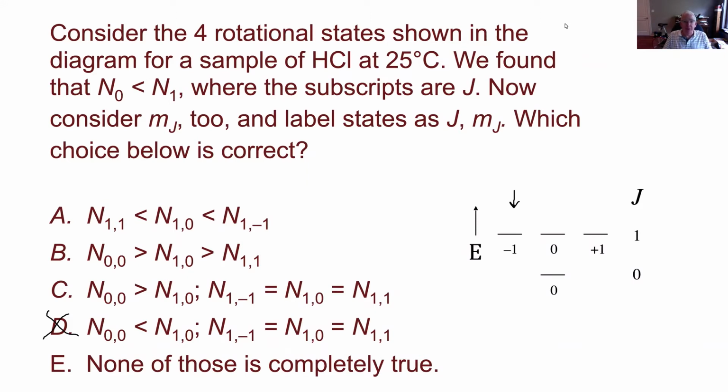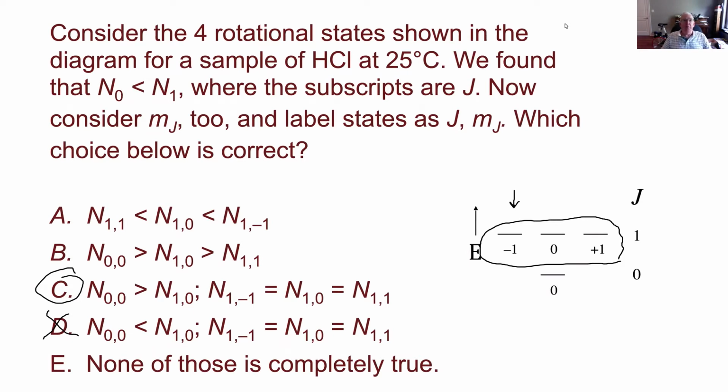The next thing we can say for sure is that the populations of these 3 here should all be equal because they all have exactly the same energy, and the population only depends on the energy. That says the states in the J equals 1 level all have to have equal populations, and that forces me to choose this one here as the correct answer.